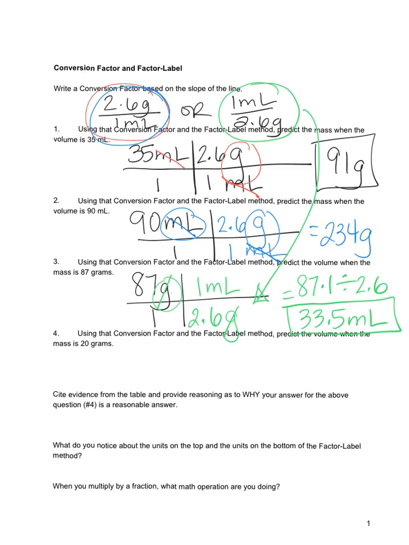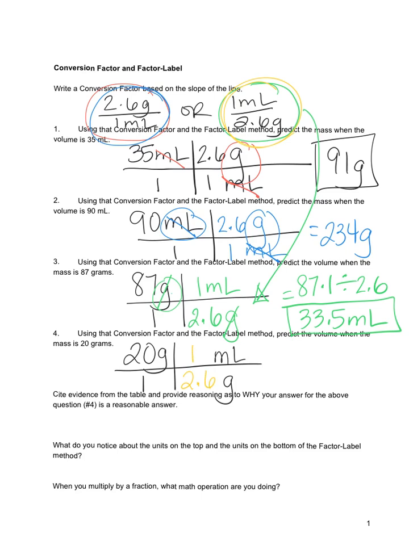It says using the conversion factor for question 4, predict the volume when the mass is 20 grams. So I'm going to take 20 grams, make my train tracks, and put it over 1. I have grams on top. So to cancel grams on top, I'm going to need grams on the bottom and milliliters on top. I look to see which conversion factor will help me. The one with grams on the bottom is this one up here. So again, I'm going to use 2.6 grams here, and 1 goes with milliliters.